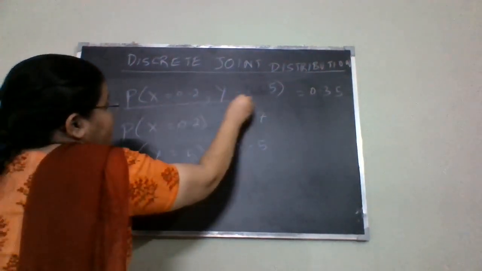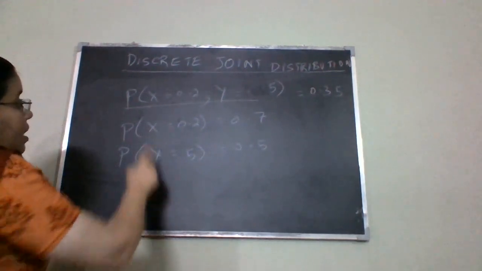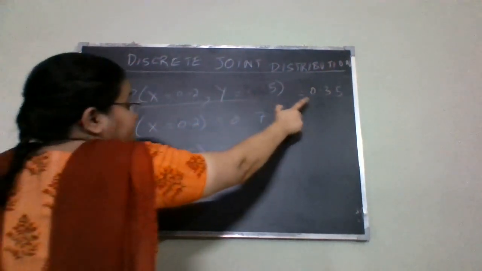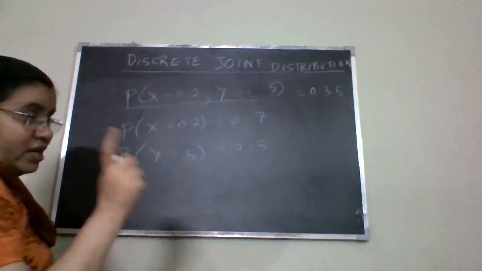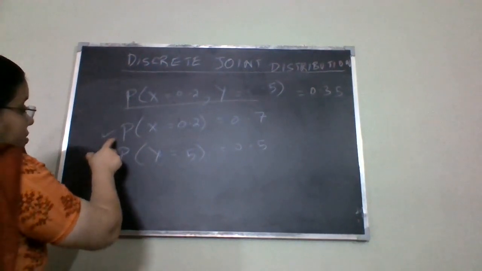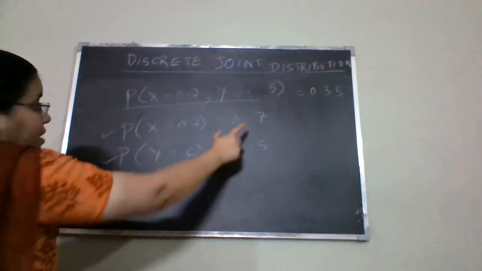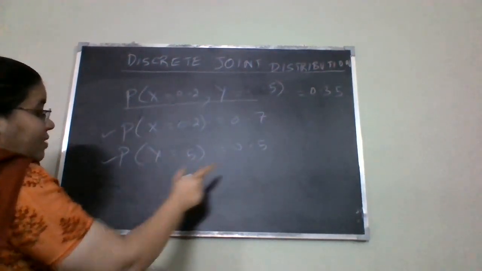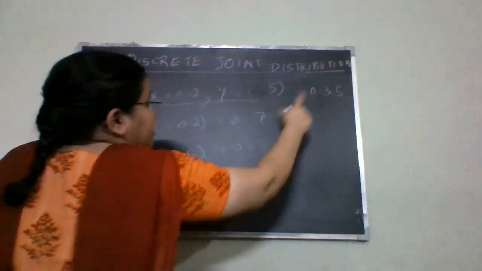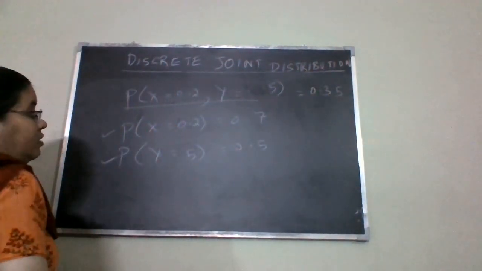That is the joint distribution of X and Y. So the joint value P of X equal to 0.2 and Y equal to 5 is 0.35, the entry in the table. And if we look at the marginal values, P of X equal to 0.2 is 0.7 and P of Y equal to 5 is 0.5. If you multiply these, you get 0.35.